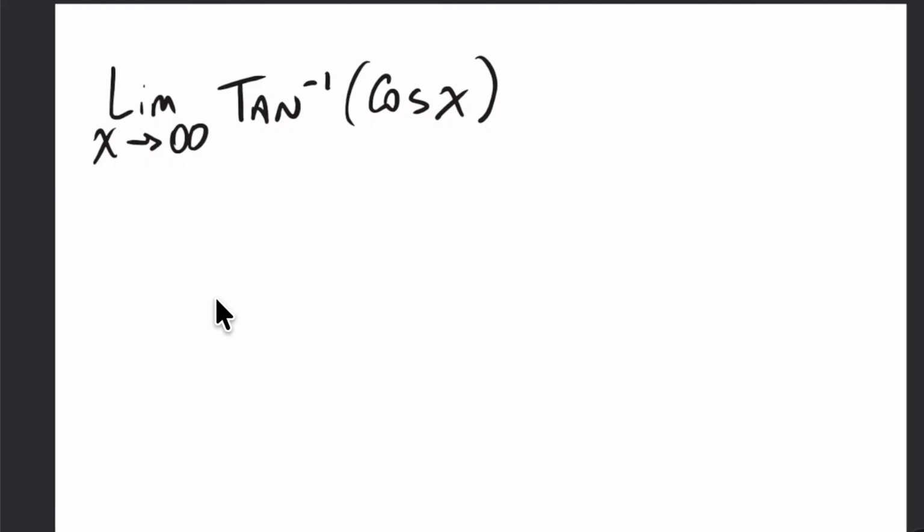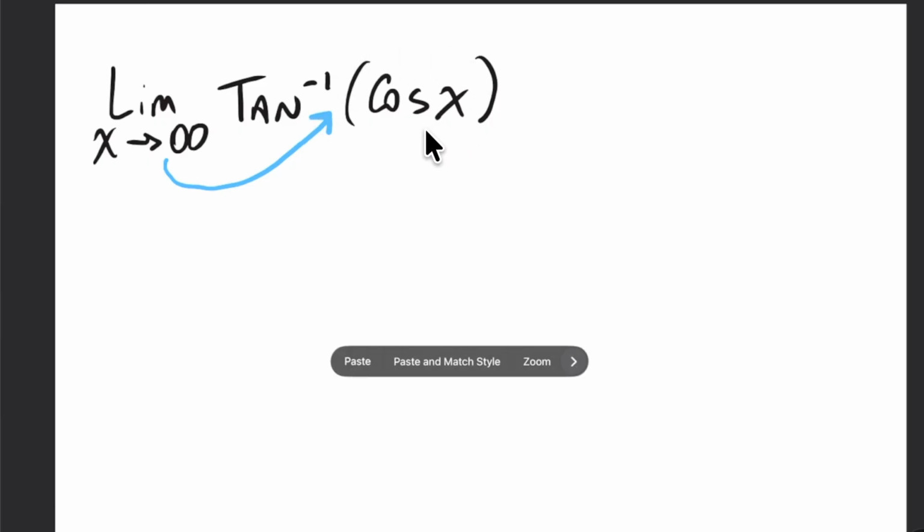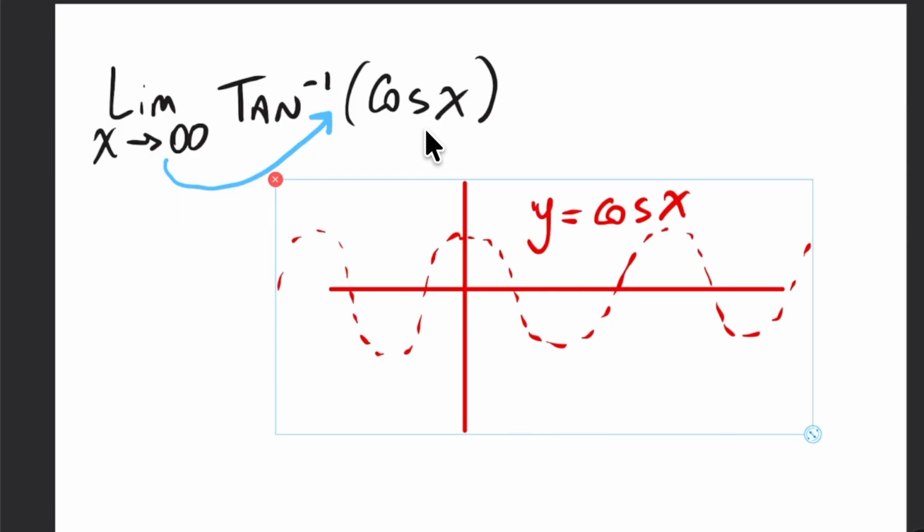Next, we have the limit as x approaches infinity of the inverse tangent of the cosine of x. So again, we're faced with the situation where can we bring the limit to the inside? We can only do that if the limit as x approaches infinity of the inside function, which here is cosine of x, does in fact exist.